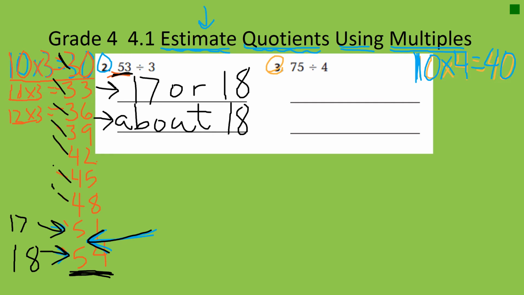Okay? So let's keep going until we get as close as possible to 75. I want to find out how many sets of 4 are in 75 about. So let's keep going here. 40, 44, 48, 52, 56.